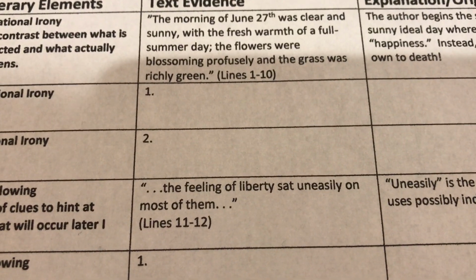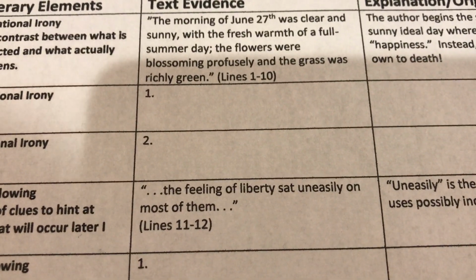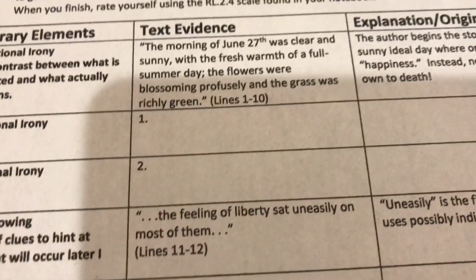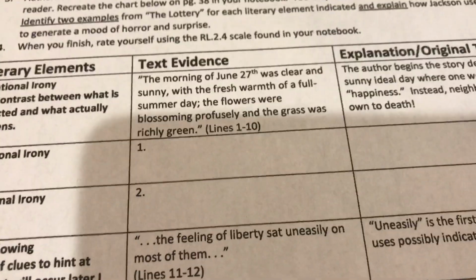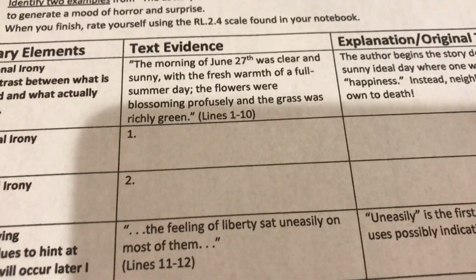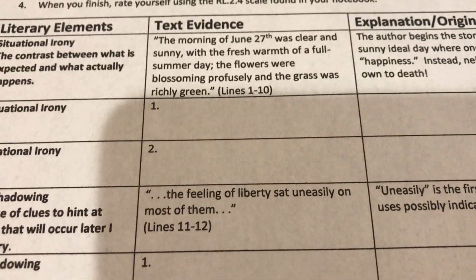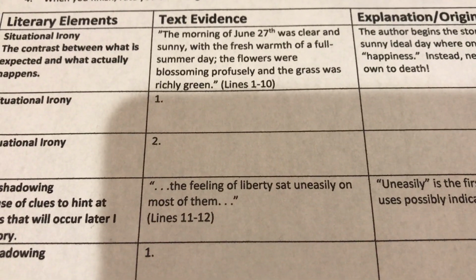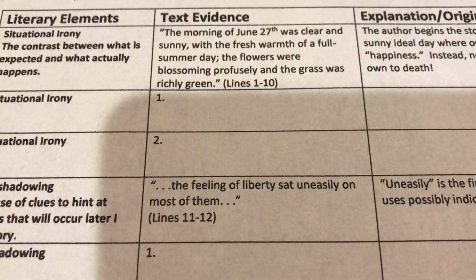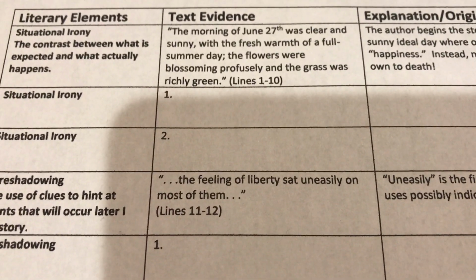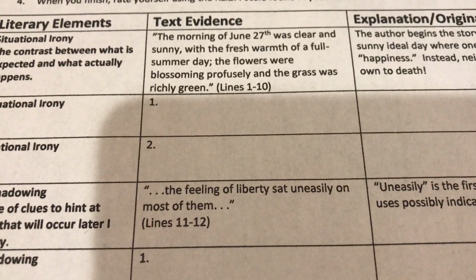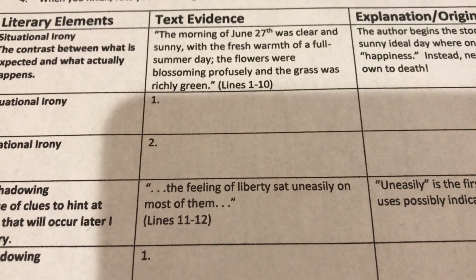Just find 2 more examples where you would think that this would lead to a happy ending, or where characters are really excited about something and you would think it would be a good thing they're excited about and turns out not to be the case. Or any time you would expect something to happen based off of a character's behavior or the description provided, and the exact opposite happens. That's what you're looking for.